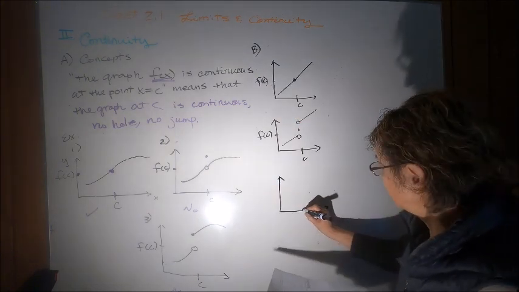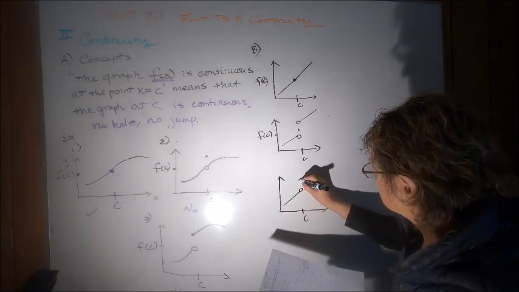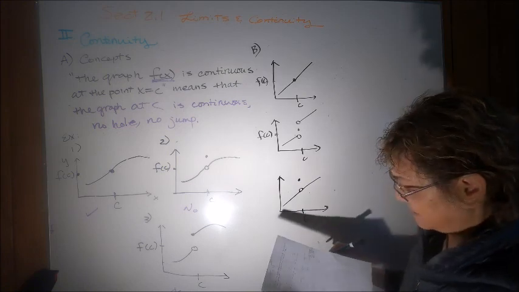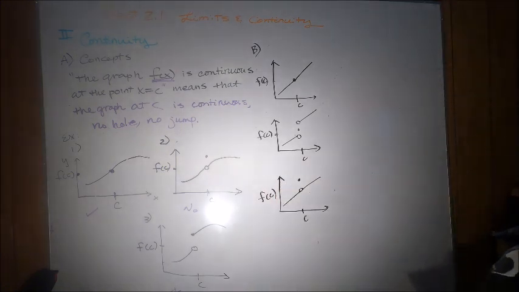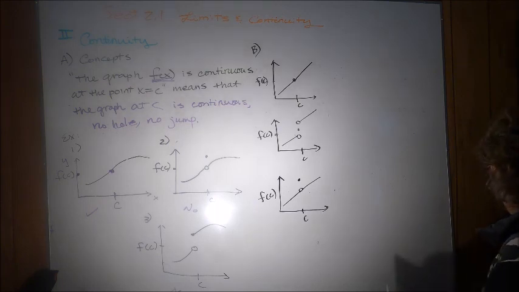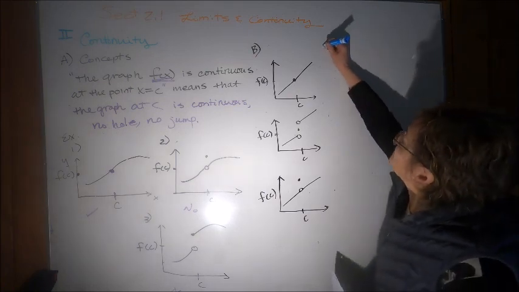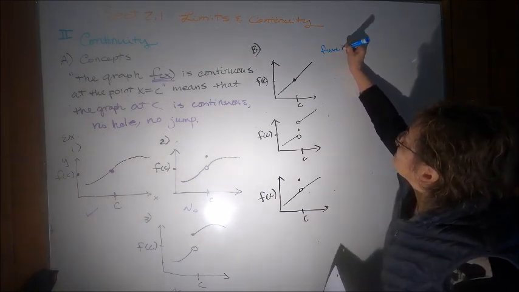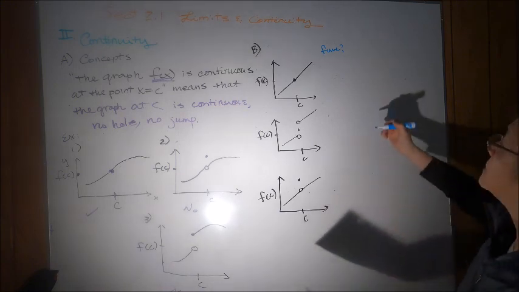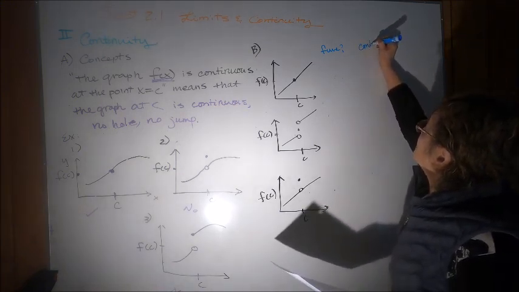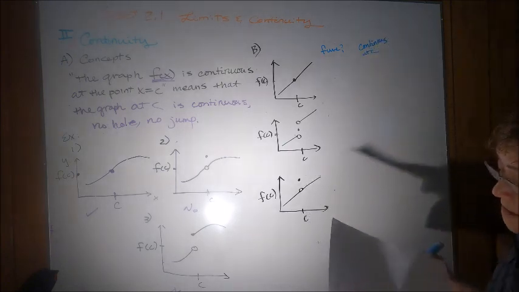If I have this one, c, then I have this one, then jump and come back here. Let's identify them first. First we have to decide, is this a function? If it's not a function, we may not want to talk about it. Another question is whether it is continuous at this point c.